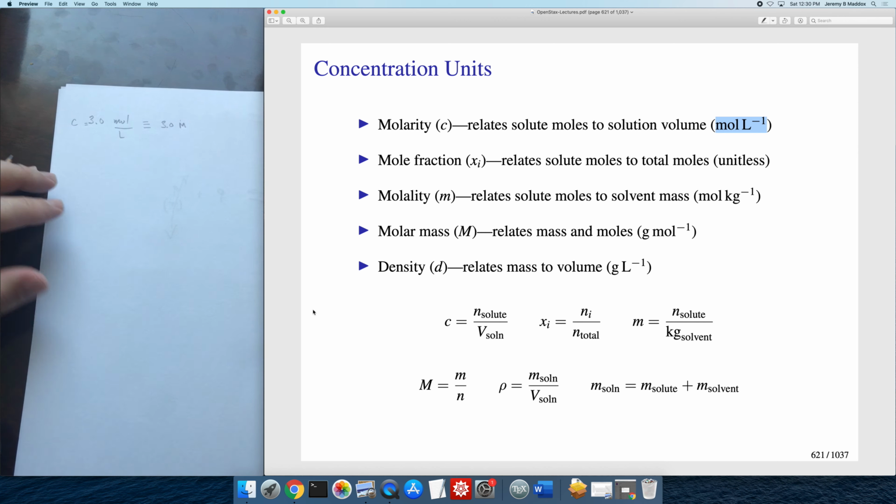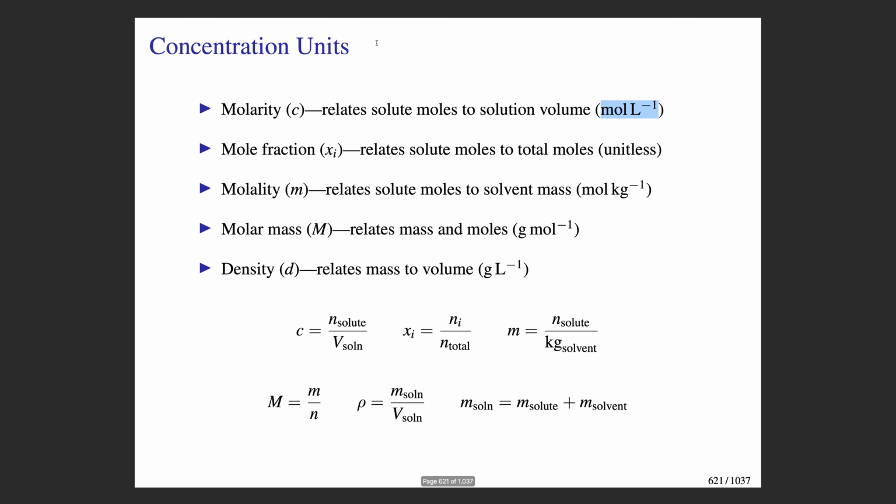Another unit of concentration, as I mentioned before, is the mole fraction. It uses the symbol X, and the little subscript i refers to the ith component. So if you have 5 components, you would have x1, which would be the mole fraction of the first component, x2, which would be the mole fraction of the second component, and so on.